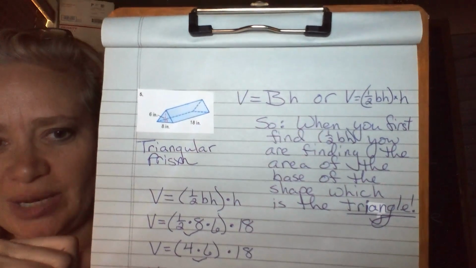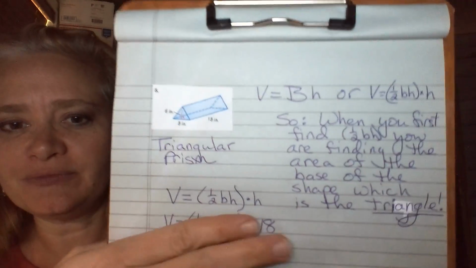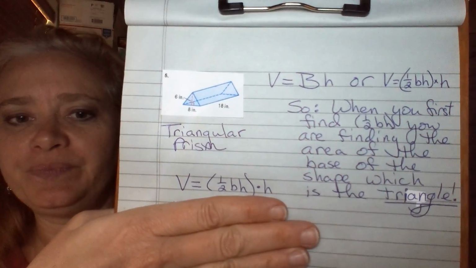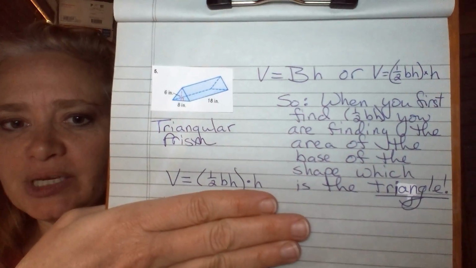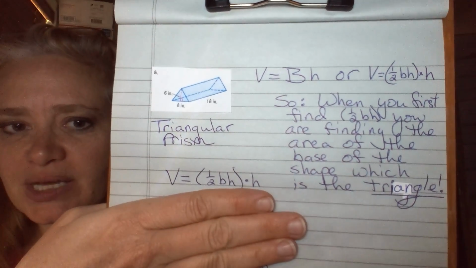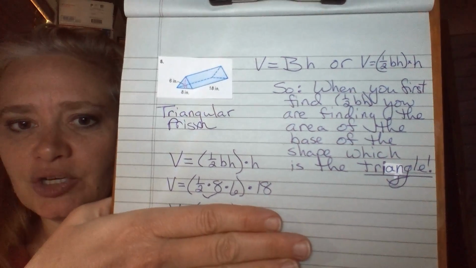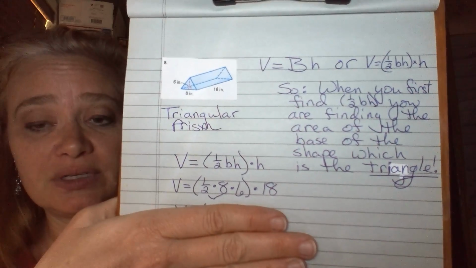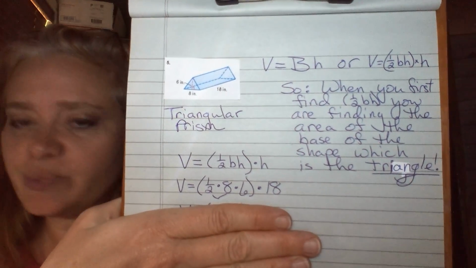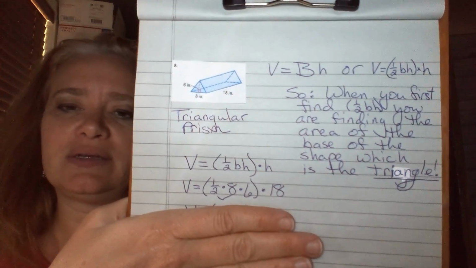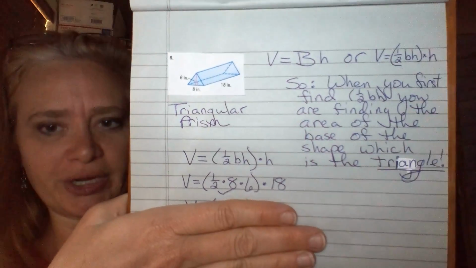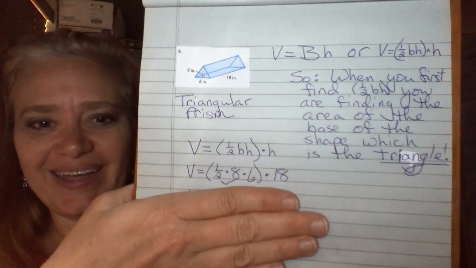Then we'll deal with the rest of the shape. Okay? So I plugged it in for you. I know, secret math problem. So here we go. Volume equals 1/2 base times height. And as you plug in, remember, your half stays the same. It doesn't change. It's part of the formula. We talked about how it's kind of like a tattoo. You're stuck with it once it's there.